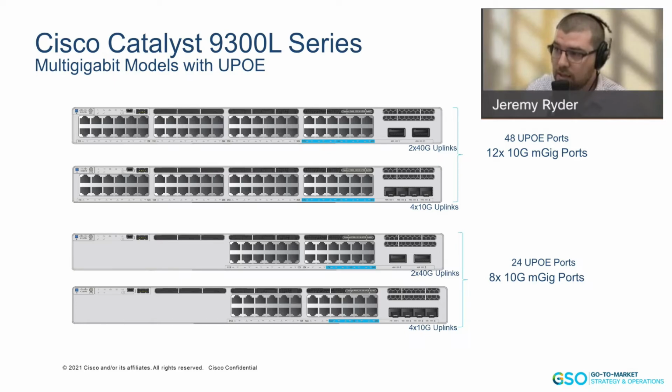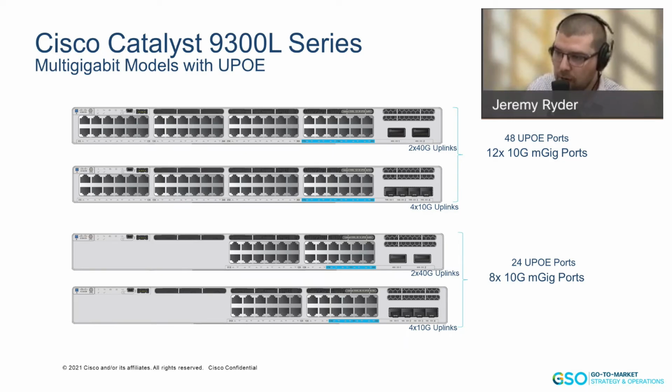So in this case, I've got 12 10 gig ports, for example, on each one of these switches. I look at the 24 port version, and now there's 8 mGig ports. That may be sufficient for the number of APs that are connected in the closet. I'm not really looking at connecting endpoints at this time. With mGig ports, it's really all about the APs.